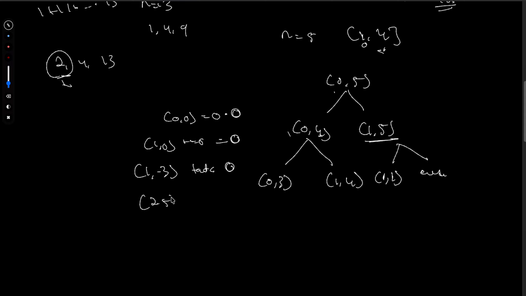Then index 2 with target 5: the index is greater than or equal to the size, so it is invalid and we return a large number. So we count: take 4, take 1.